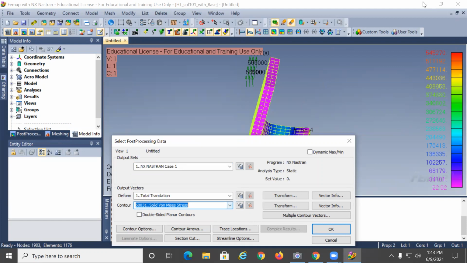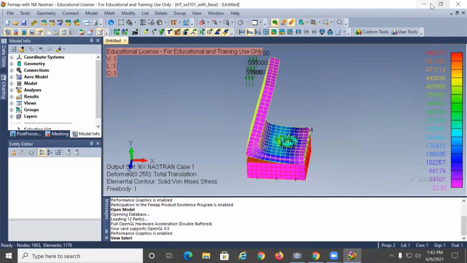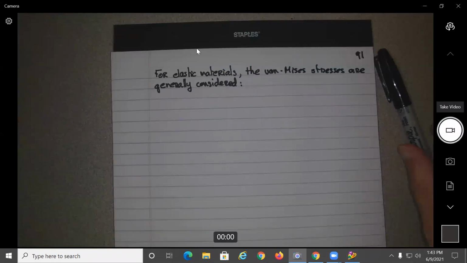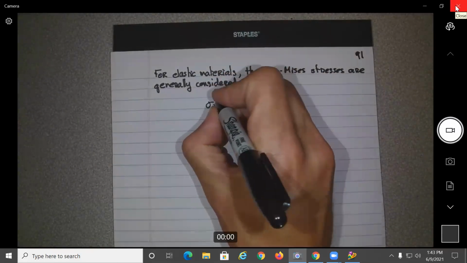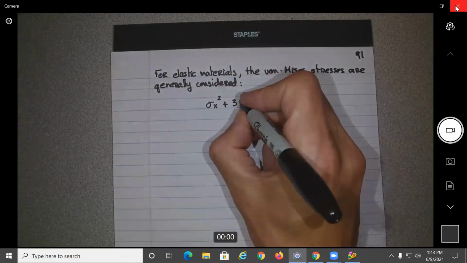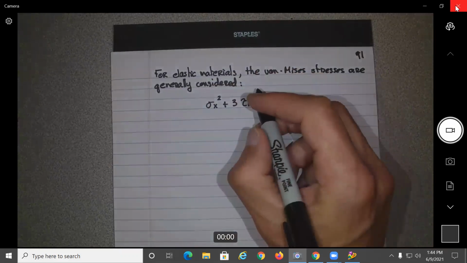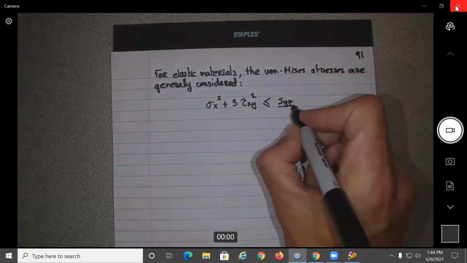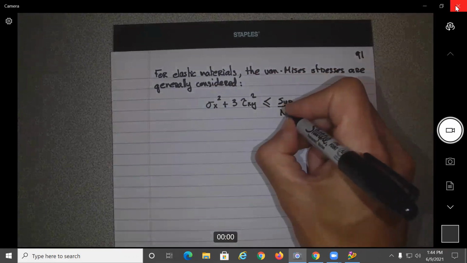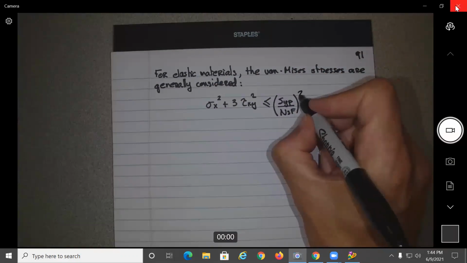And the way it's obtained, I'm going to mention it, but I'm not going to do it. That comes from the theory of elasticity, which is not a big deal. So basically what's going to happen is that you say that the stress in one direction squared plus 3 tau xy squared, for failure, when you add these two, needs to be less than or equal to the stress at the yield point divided by NSF, which is a safety factor, squared.